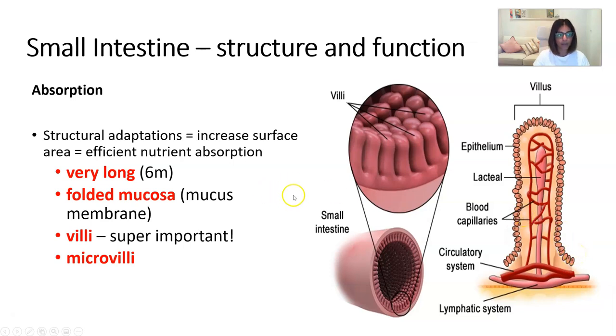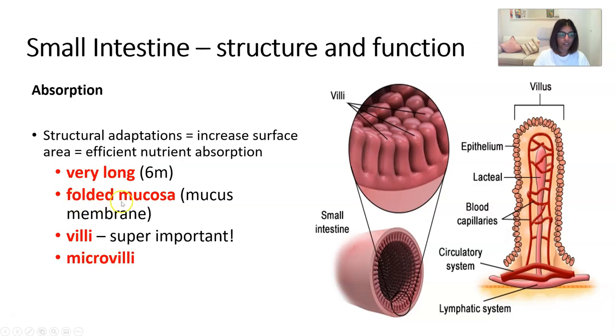So the adaptations of the small intestine are all geared around absorption of nutrients. We need to absorb these nutrients so that we can get them into our bloodstream and then into our body cells. So the adaptations that we're going to be looking at are, first of all, the small intestine is very long.